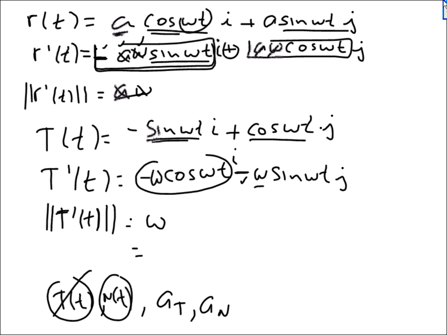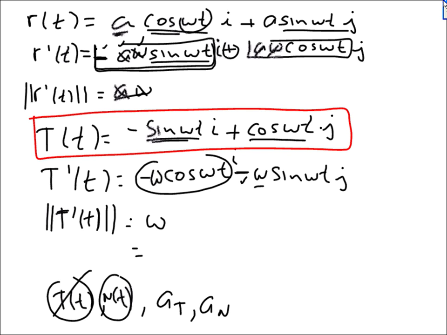Okay, so I don't want to erase that. Now, if I divide these last two lines, I get N of t. When I divide this by omega, the omega cancels out, but the negative sign does not.